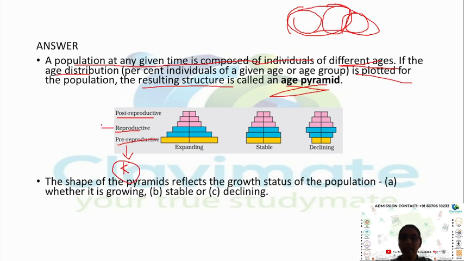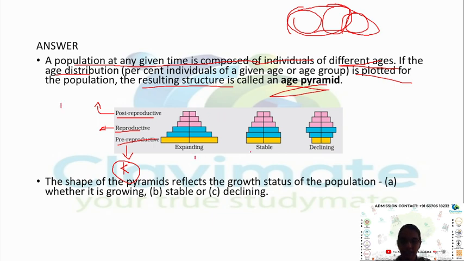Reproductive stage is in which they have reached the reproductive phase. And post-reproductive stage is like old age, the population in which old age individuals are present. So let's see over here. This is the graph.